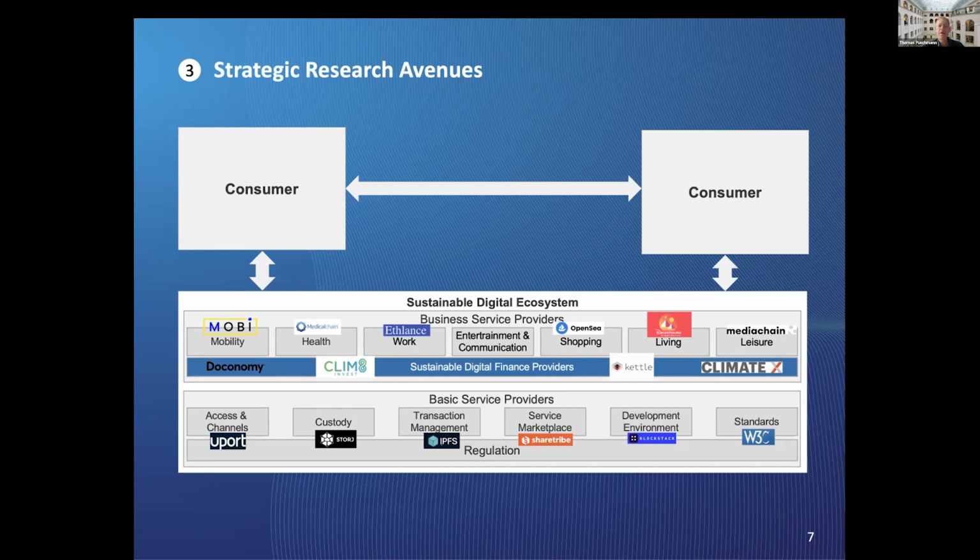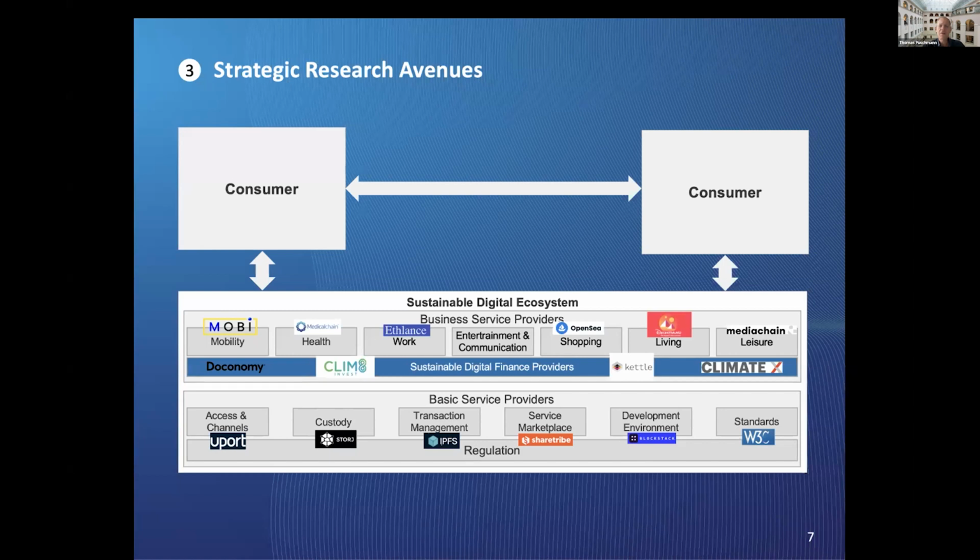So if you break down this consumer economy into the different fields of life, like mobility, health, work, entertainment, communication, shopping, living, and leisure, you can see that many of those decentralized systems are currently evolving across all of them. And we put some examples here, like shopping, OpenSea, or media chain in the leisure area.